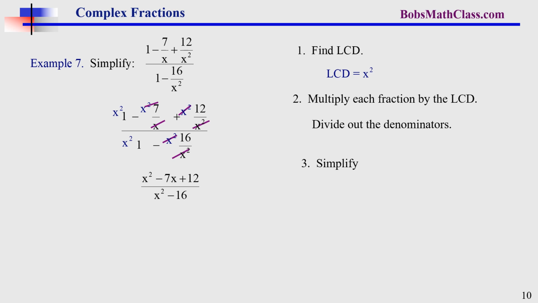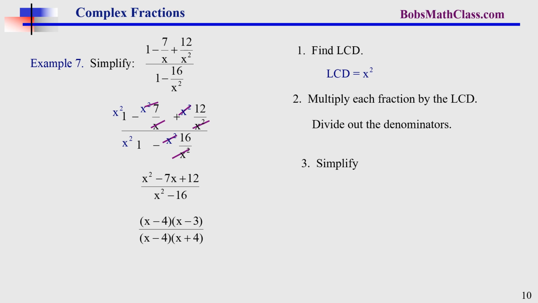More factoring. So how about the top? 12, there's 1 times 12, 2 times 6, and 3 times 4. What's the pair that will add to give you negative 7? Right, 3 and 4, both negative.